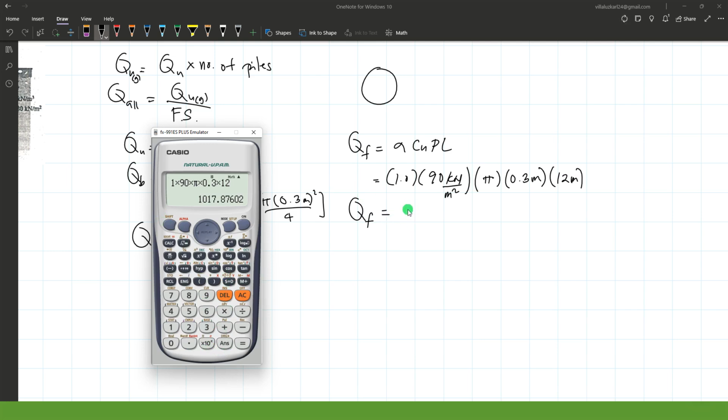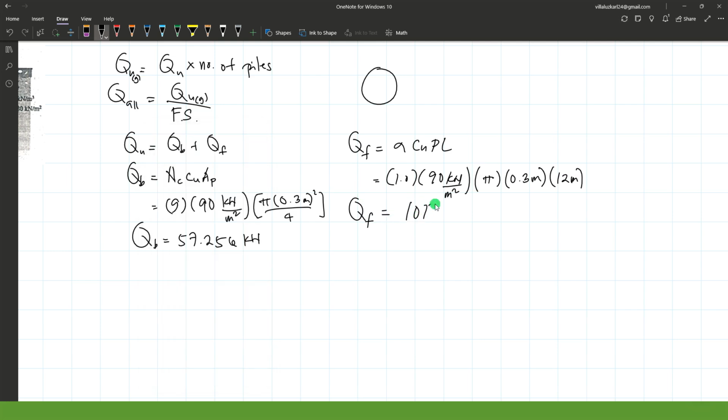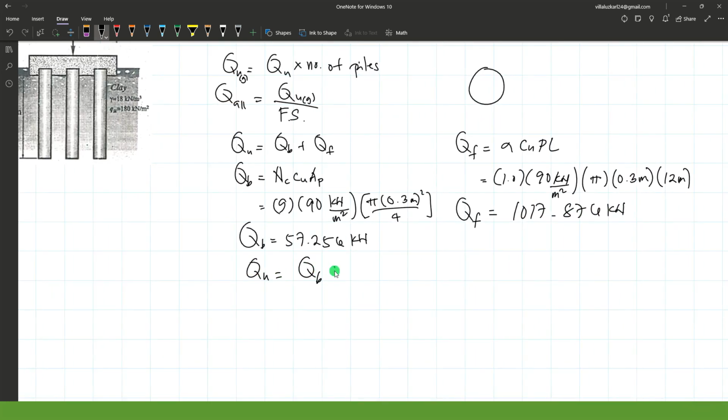This will be equal to 1017.876 kilonewtons. So just add the two. Okay, QB plus QF, 57.256 kilonewtons plus 1017.876 kilonewtons.